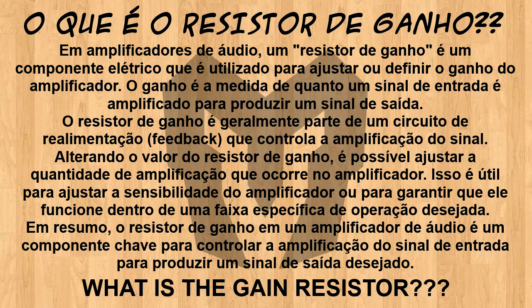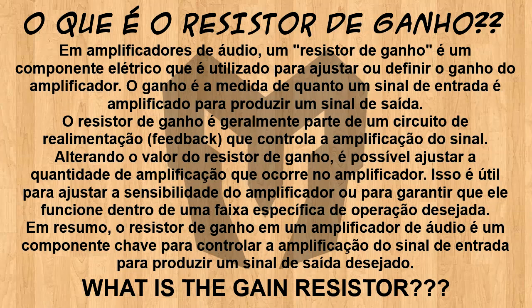What does gain resistor mean in audio amplifiers? In audio amplifiers, a gain resistor is an electrical component that is used to adjust or set the gain of the amplifier. Gain is the measure of how much an input signal is amplified to produce an output signal. The gain resistor is usually part of a feedback circuit that controls signal amplification.